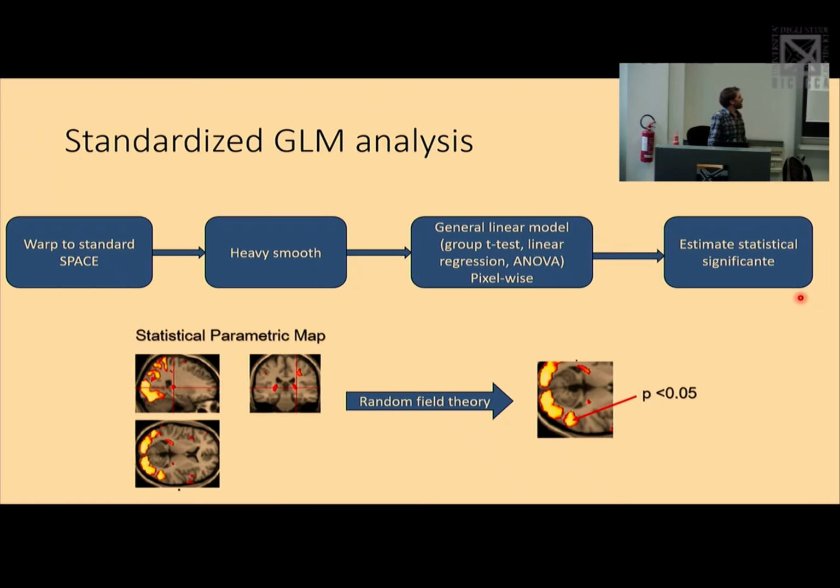Then there is a last issue, which is to estimate statistical significance. We are doing voxel-wise regression. How many voxels do you have in a brain, even if you're working at 4 millimeters resolution? Give or take 100,000. And of course, the issue of multiple comparisons with 100,000 parameters estimated is a really huge issue.